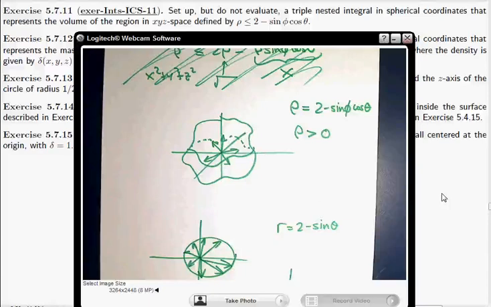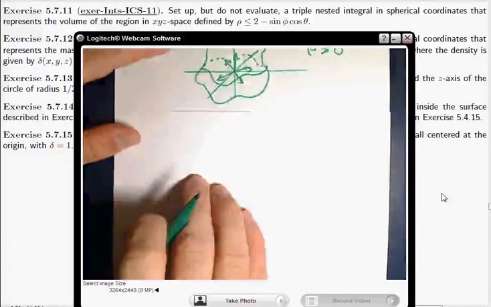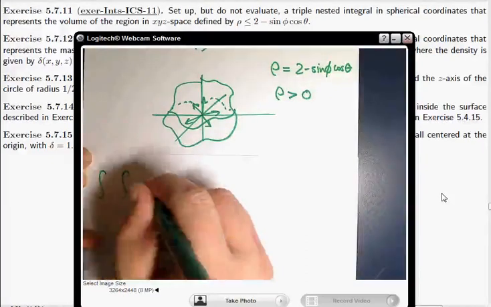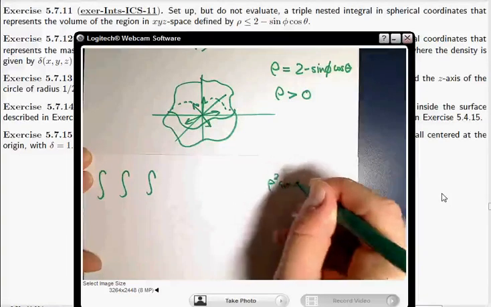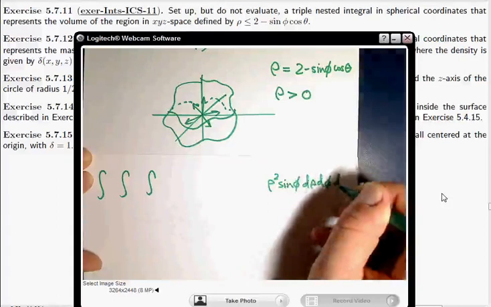And so you get, in your breakdown, rho squared sine phi d rho d phi d theta.